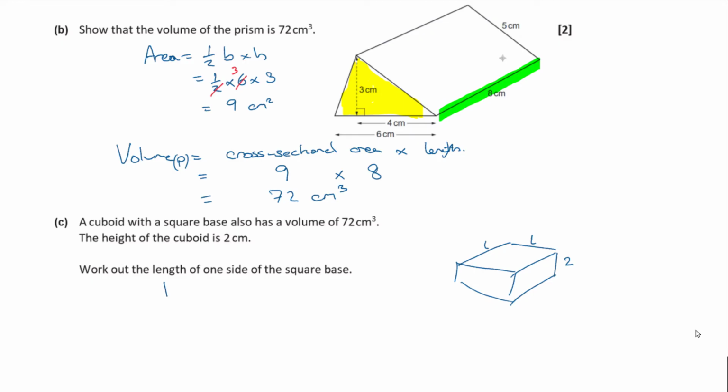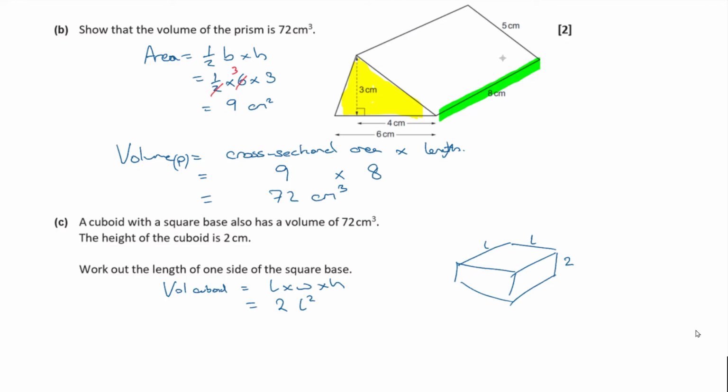So the volume of a cuboid is length times width times height, which in this case is going to be our matching lengths because it is a square-based cuboid, times its height of 2. So that's going to be 2 lots of L squared basically.